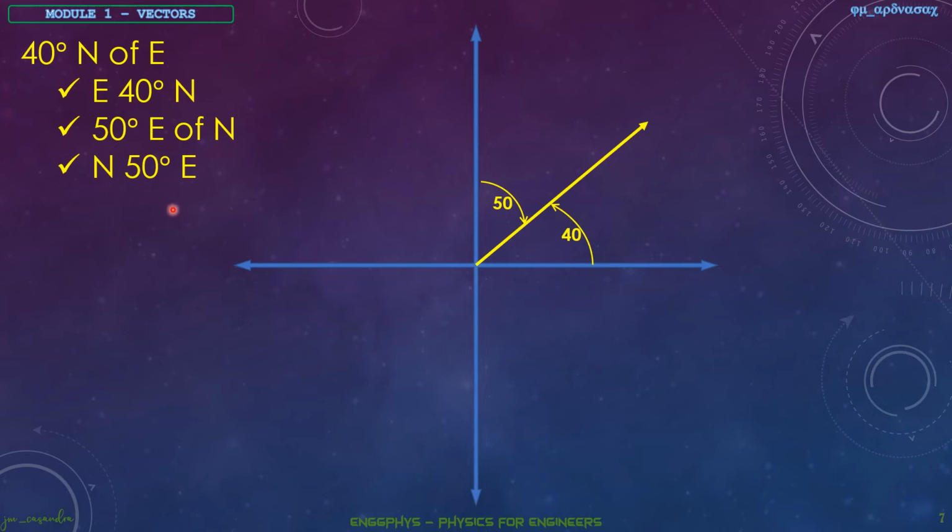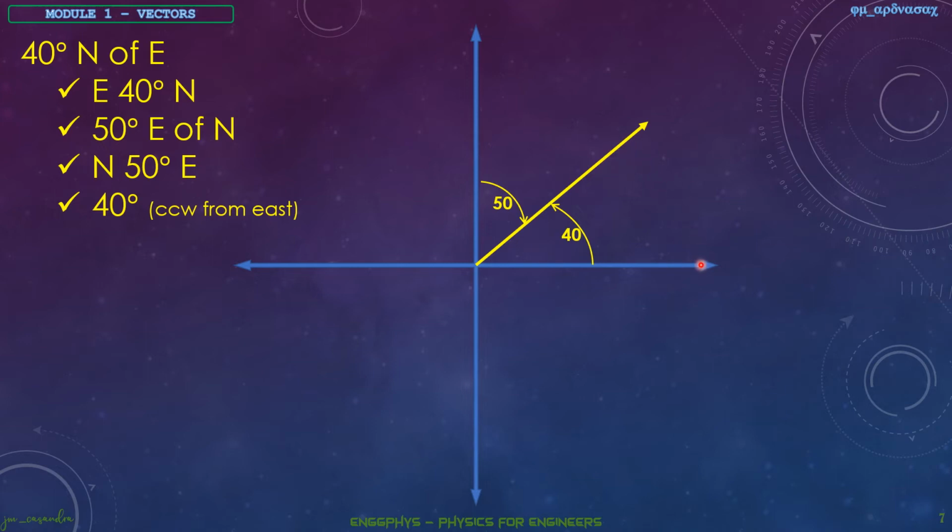So aside from using north of east, or this notation, we could also write our direction in terms of a single basis, which is our 0 degrees, or the east. That is now 40 degrees from the east.